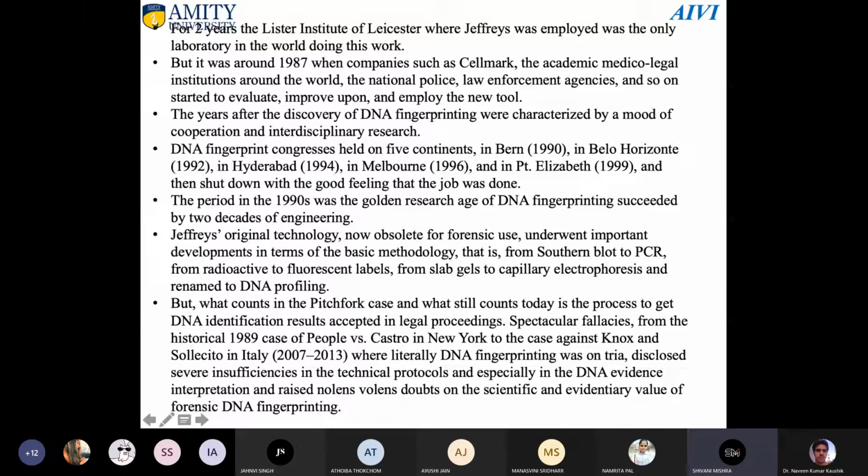The years after the discovery of DNA fingerprinting were characterized by a mood of cooperation and interdisciplinary research. So now one story, one successful case, leads to the utilization of this worldwide and to more research.